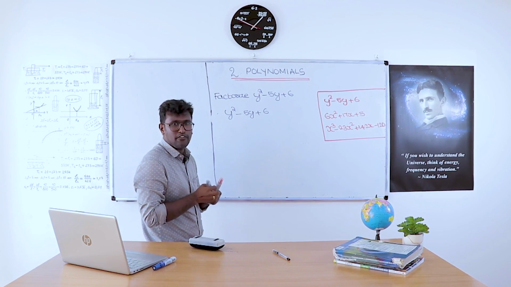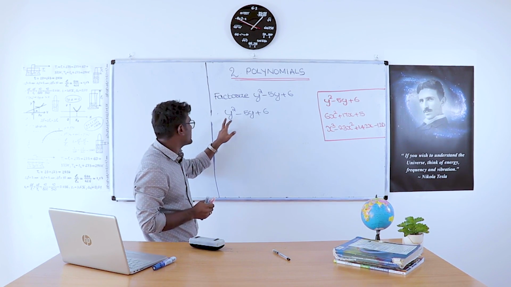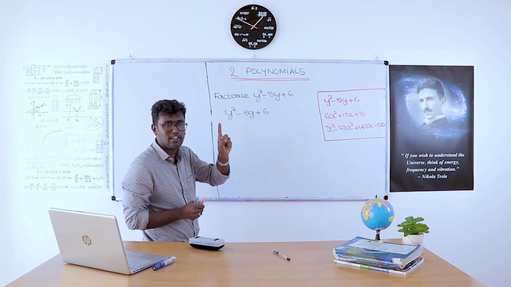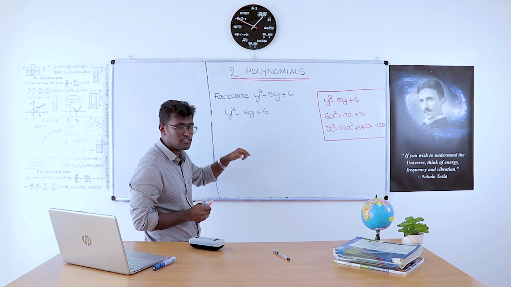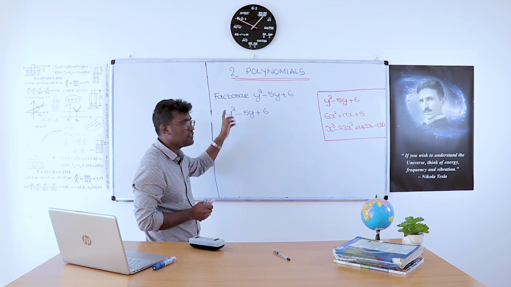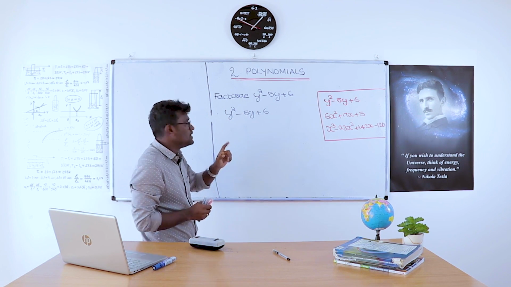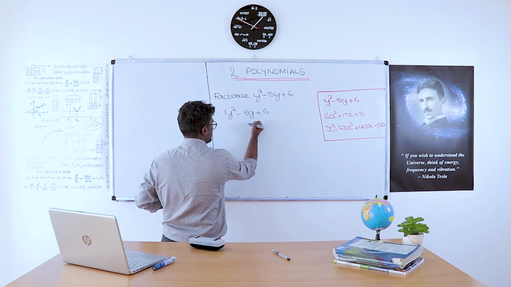If we directly factorize, you have to ensure that the coefficient of y square is 1. Otherwise, you have to make the coefficient of y square or x square equal to 1. Here the coefficient of y square is 1, so we can use the factorization method.